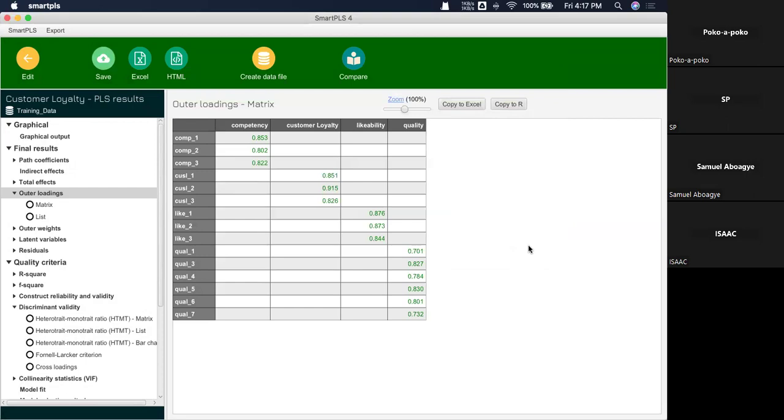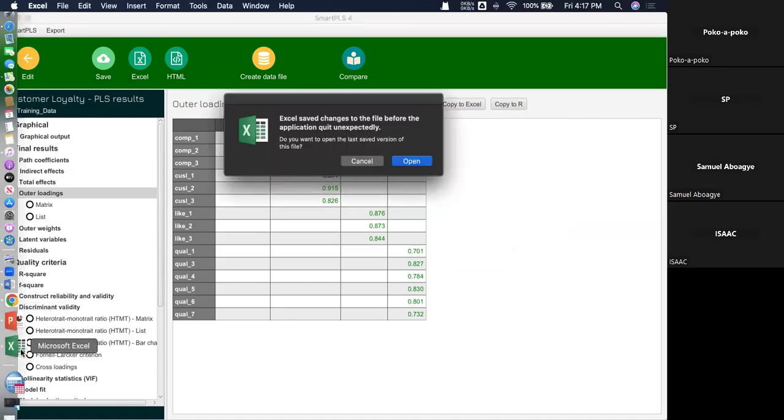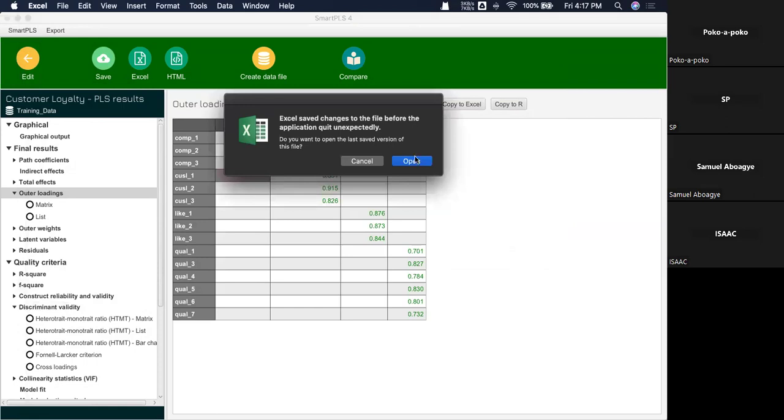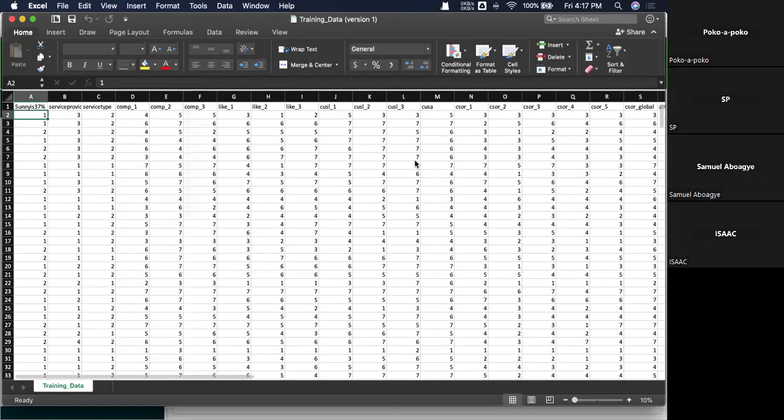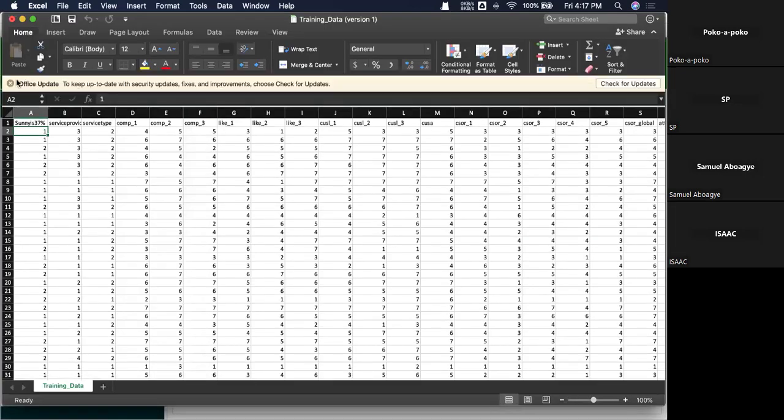Now, when you go to that output, let's go to that output. Okay, I think it's going to open. Let me share it. Did you want to open it? Yeah, open. I want to open it. No, this is not what I wanted.